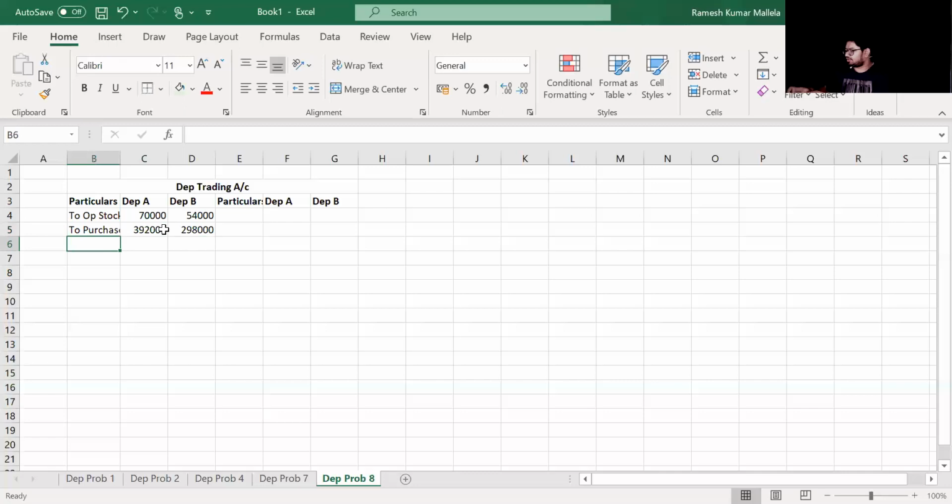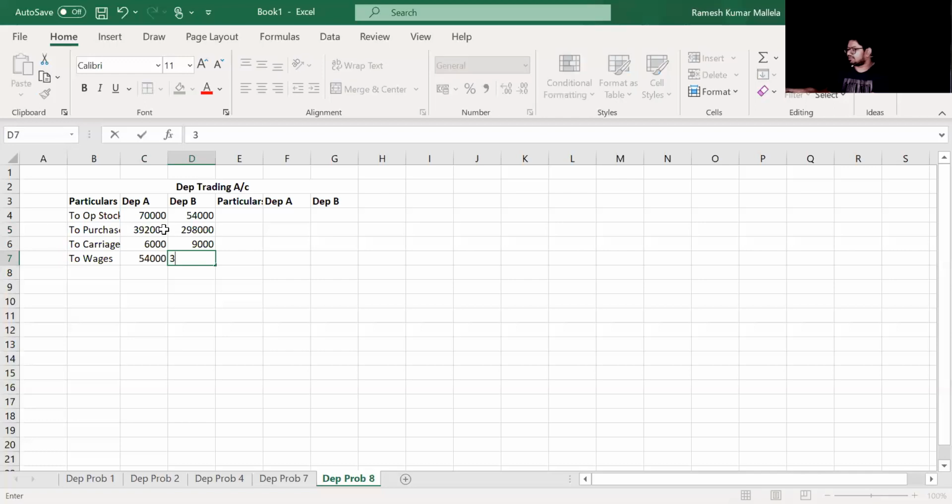Okay. Then to carriage inward, it is 6,000 and 9,000. Okay. To wages he has mentioned as 54,000 and 36,000. Okay. So these are the information which he has mentioned about the debits.